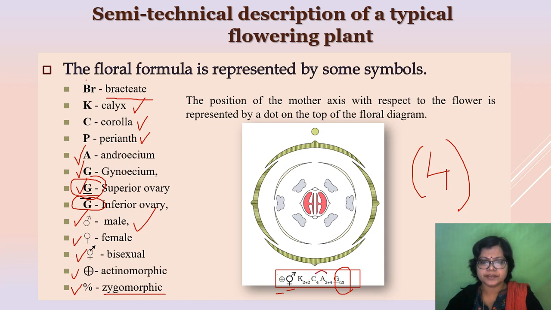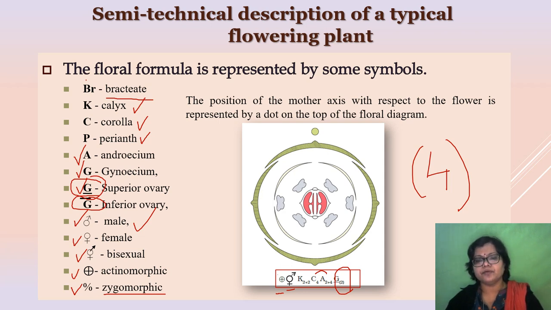It also represents that the androecium and the corolla are attached, that is, stamens are attached to the petals, right? So those are the principles for writing the floral formula.